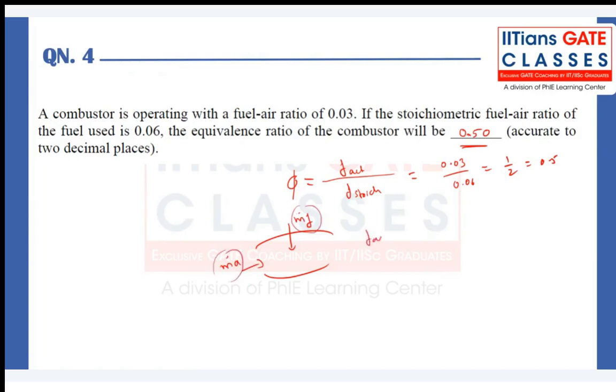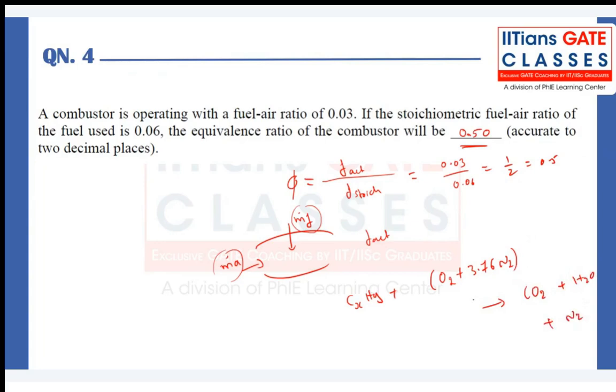What is the stoichiometric fuel to air ratio? So if I have some kind of a fuel, say CxHy, a hydrocarbon, and I am burning it with air, which is a combination of oxygen and nitrogen with 21% oxygen and 79% nitrogen, it gives me the combustion products, that is CO2 plus H2O plus the nitrogen as it is.